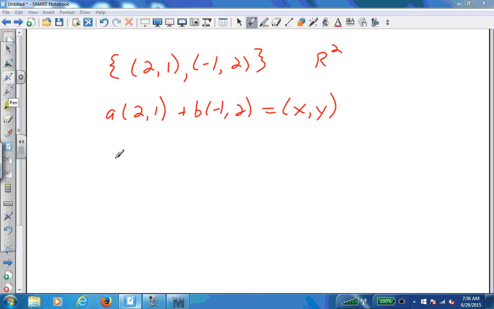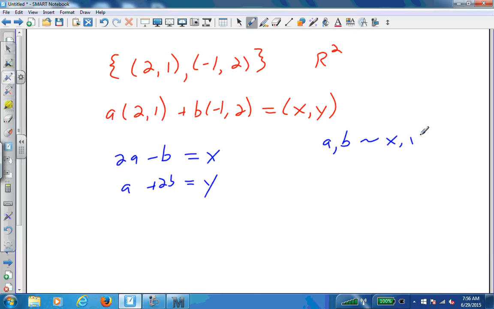So this yields 2A minus B equals X, A plus 2B equals Y. So if we want to actually find out what the relationship is between A, B and X, Y, let's solve this by row reducing it, by doing Gauss elimination with the augmented matrix.